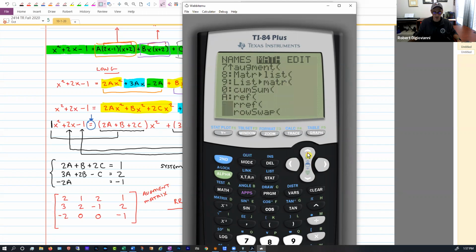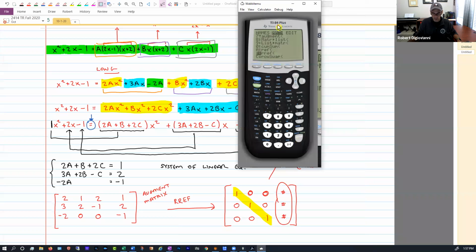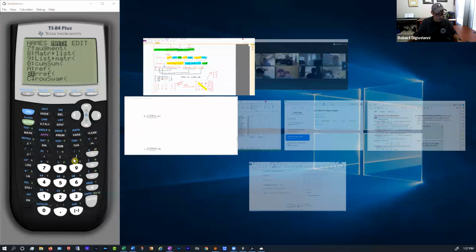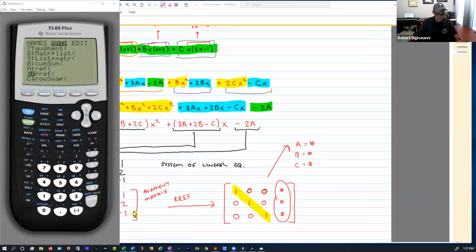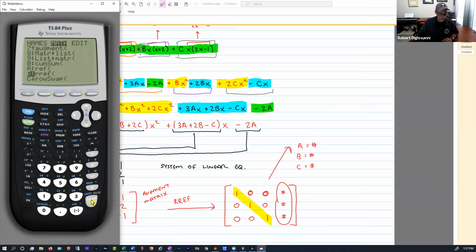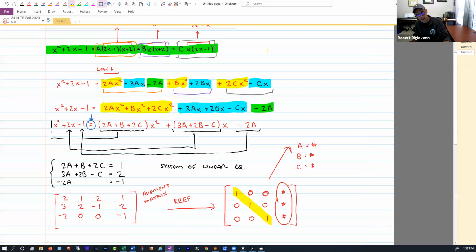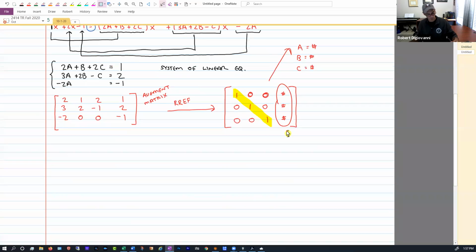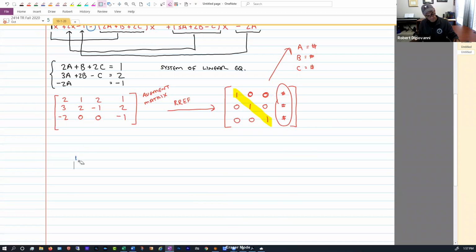Be careful, not REF, RREF. And once I do that, I'm going to hit enter. That's too small. After that, I'm going to hit the enter key. Okay, so here's what our calculator has. It has sitting on the screen RREF. I'm going to need more room.